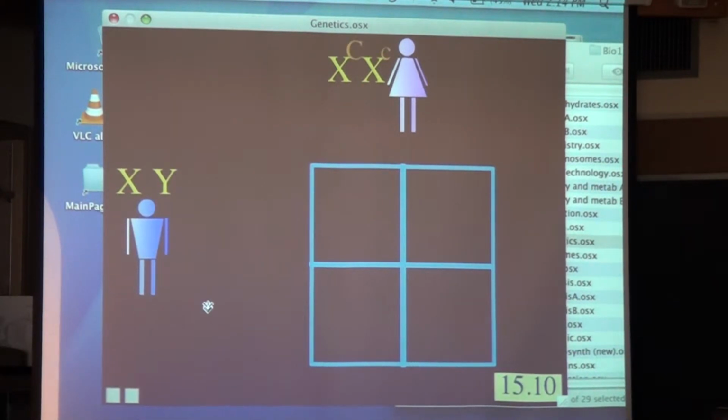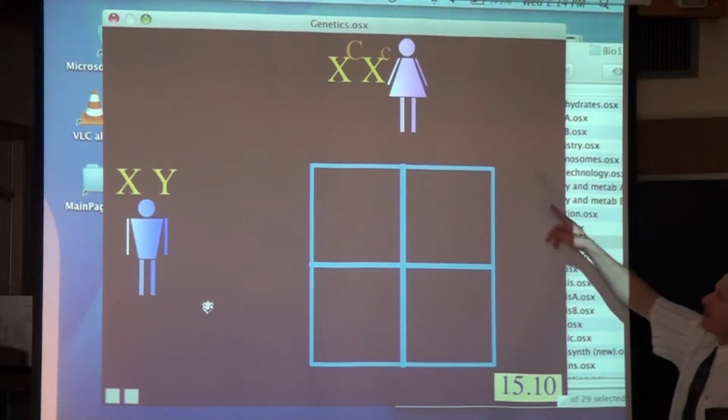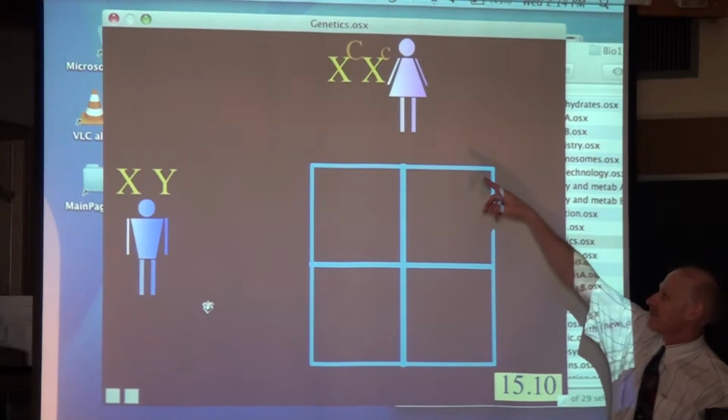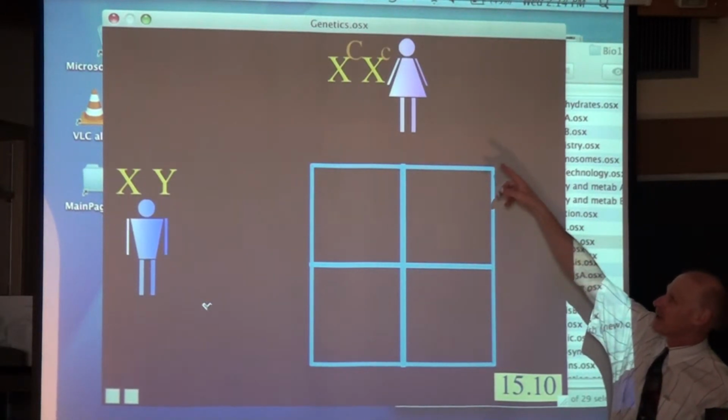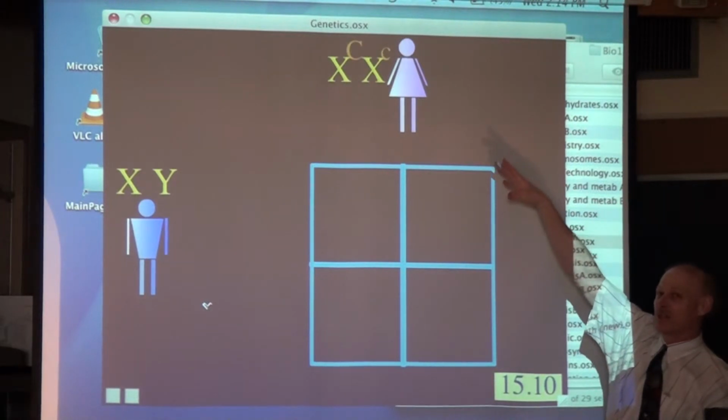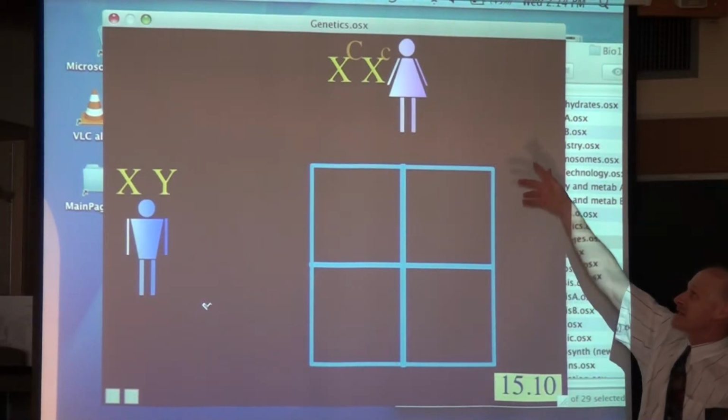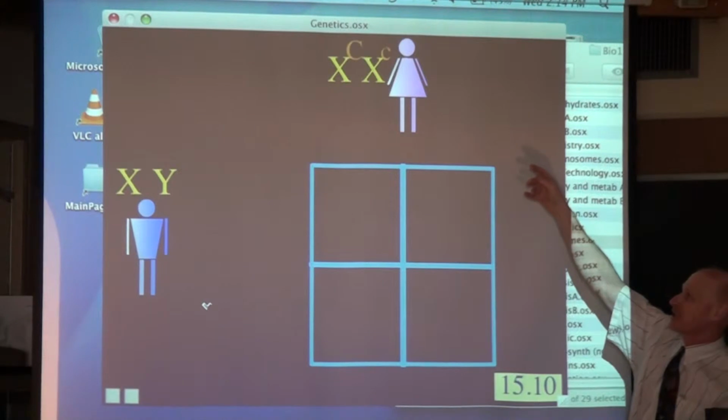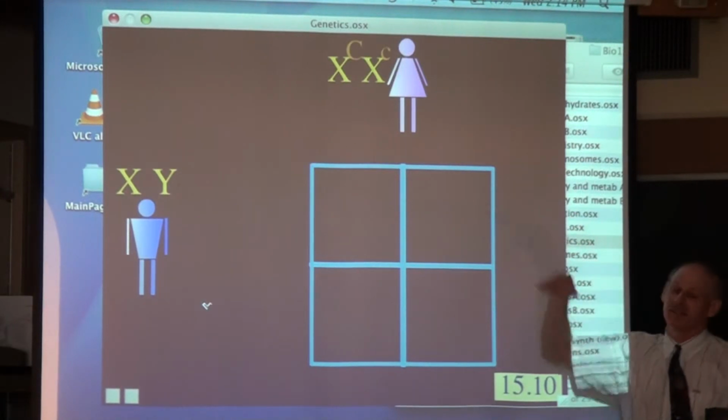And when you're doing Punnett squares for genes that are on the X chromosome, this is the way you do it. Draw the X chromosome as an X, and then in the upper right-hand corner, put the allele symbol there. Big C for normal color vision, and little c for the recessive disease of being colorblind.